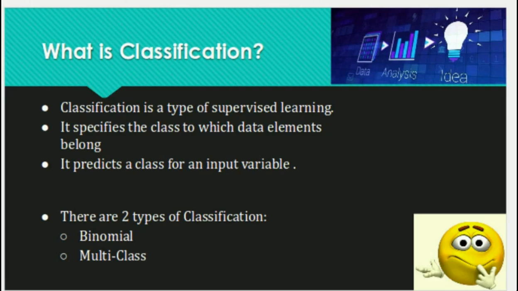Classification can be used in classifying credit card transactions as legitimate or fraudulent. It is also applicable for classifying the secondary structure of the protein as alpha helix, beta sheet, or random coil. So these are a few areas where classification can be widely used.